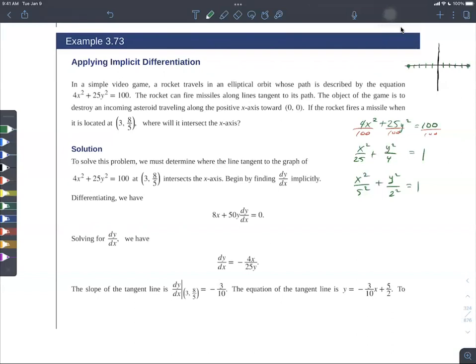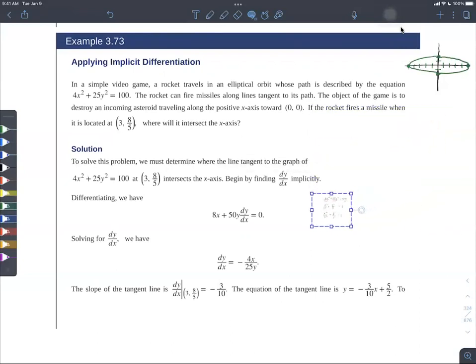In the y direction, it's going to be 2 units tall, both up and down. And so this is what our ellipse roughly looks like here. Here's a pretty good sketch of our ellipse. And the reason that I wanted to do that was just so we could guesstimate what the equation of the line would be if we're going to find a tangent line.